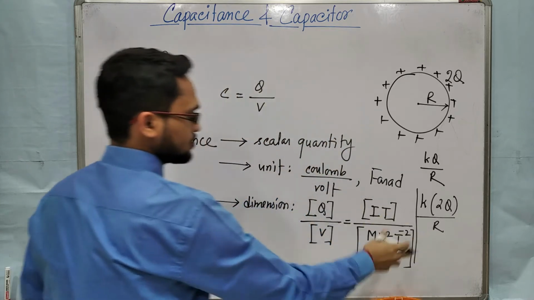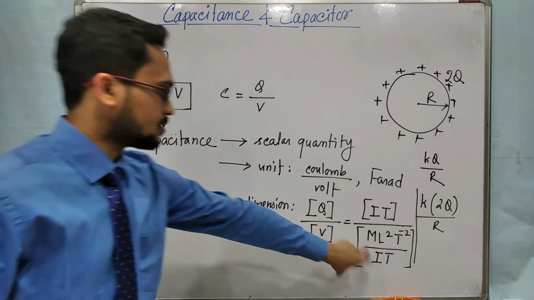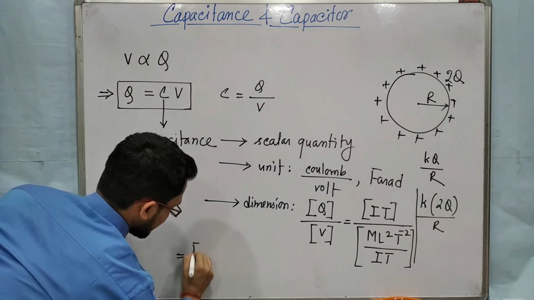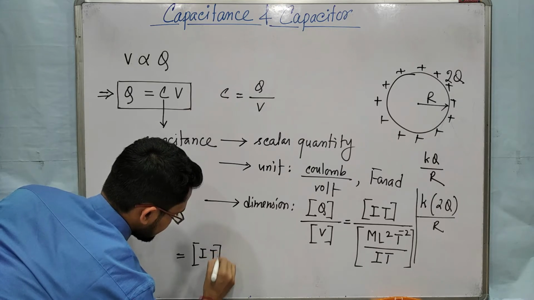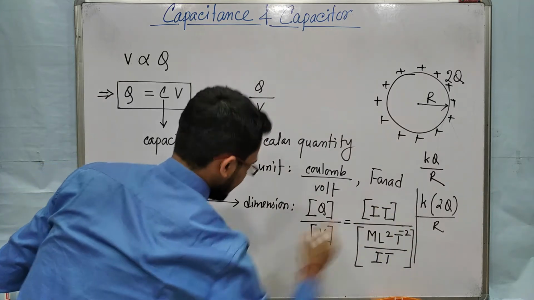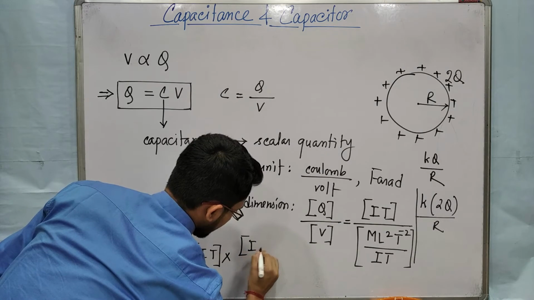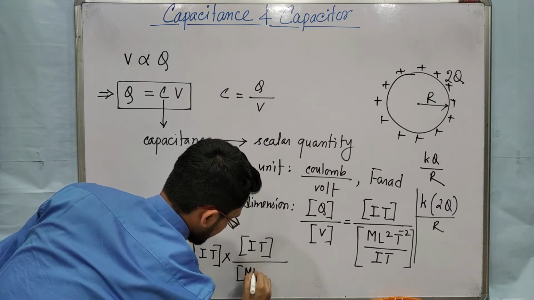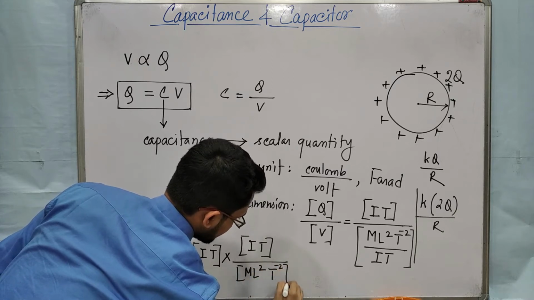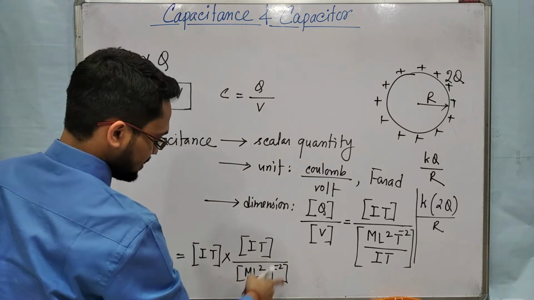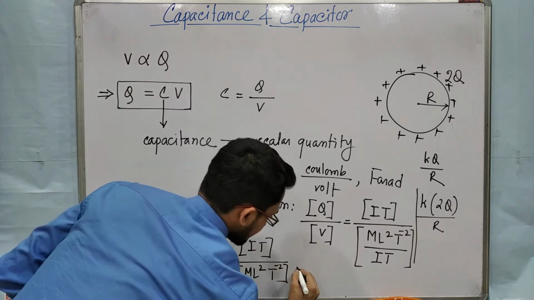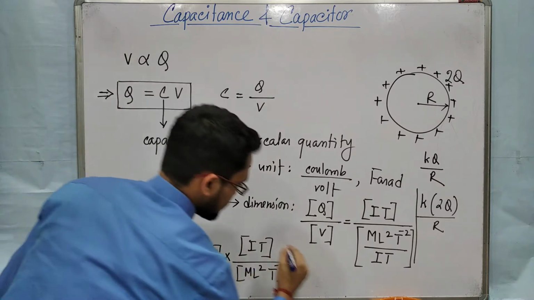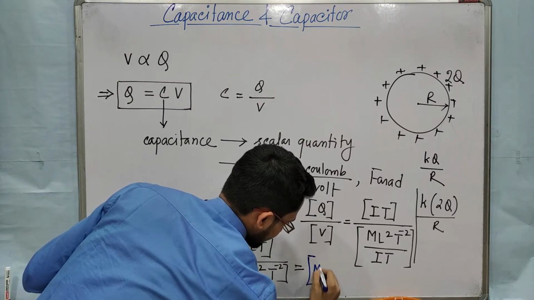Take all these quantities in the numerator. In the numerator, I into T is there, and the denominator part goes up: I into T by M L square T minus 2. M goes up, so M inverse.